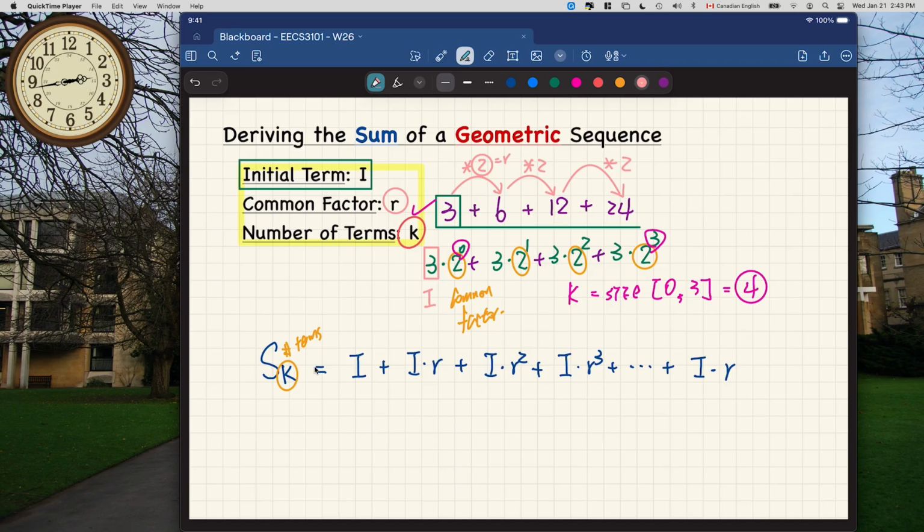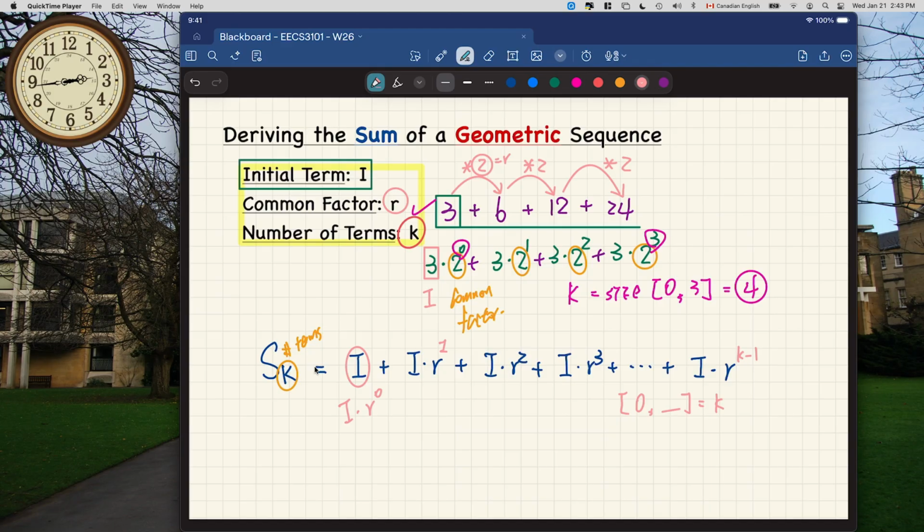The way to see that is, this is I times r to the power of 0, and then you go 0, 1, all the way to some number which will make up k terms. You're basically saying, I have some interval starting from 0 to what? That is going to give me k. Of course, it's going to be k minus 1. So we just play with the interval a little bit.